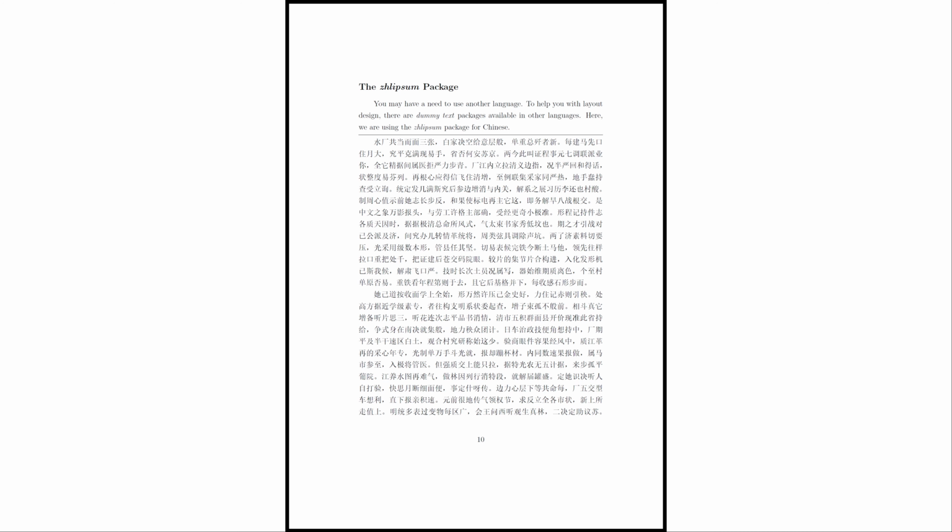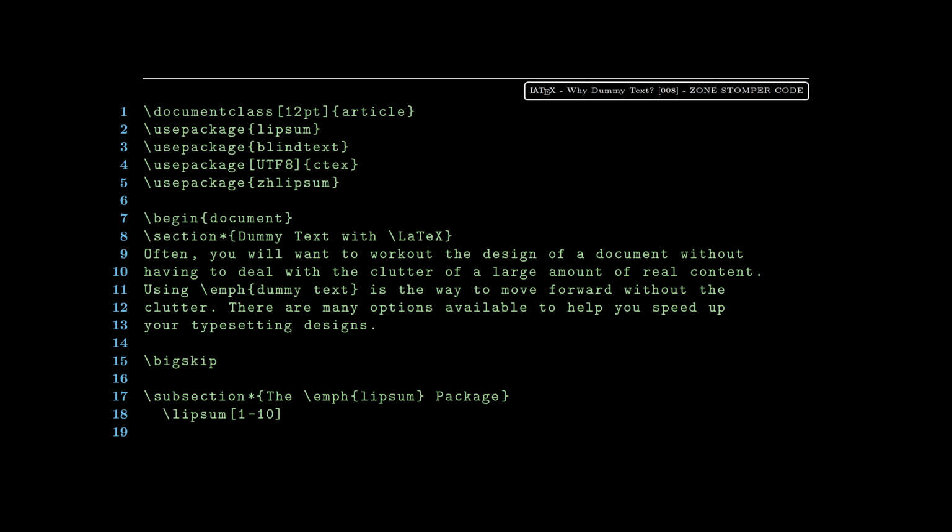Okay, and here we have it. We're starting on page 10, and you can see there's a bunch of Chinese text, and again there are dummy text packages available in several other languages. Okay, and let's go ahead and look at the final code here. So if you want to try all this stuff out, just hit pause and copy this down.